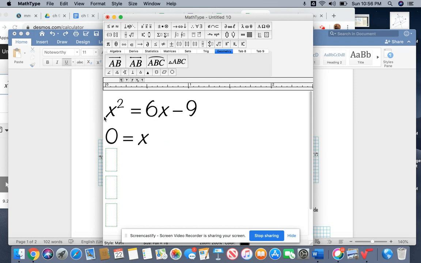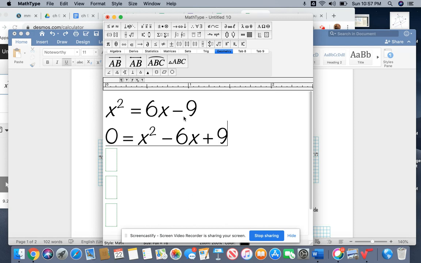So I would have x squared minus 6x, and I would get this 9 over there by adding 9, and the whole thing would equal 0. And this I could factor easily as x minus 3, x minus 3.